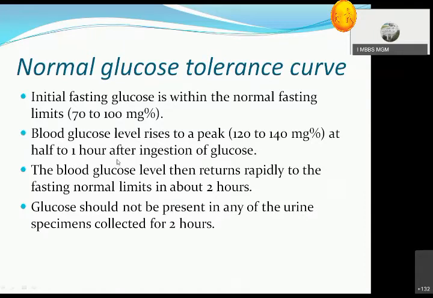This is the normal phenomenon after taking the glucose load. Then it should come to normal within 2 hours. And none of the urine samples should be positive for glucose. So all the 6 samples should be negative for urine sugar.